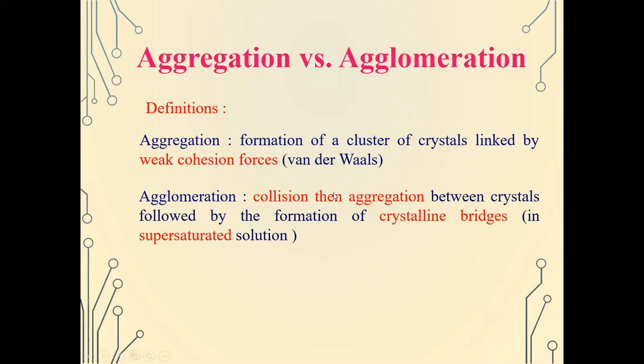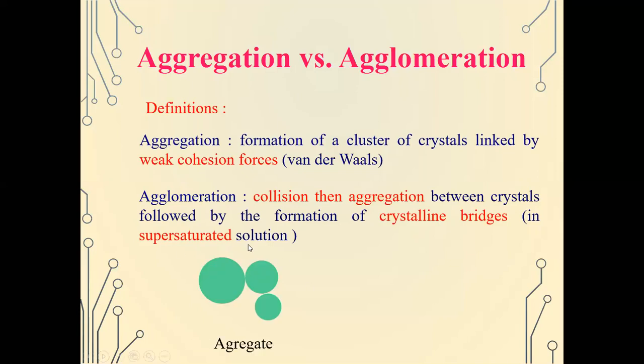They collide, then they aggregate. Then this process of collision and aggregation between crystals is followed by the formation of crystalline bridges in supersaturated solution. There was a mention in the previous slide that agglomeration happens only in supersaturated solution. So there is collision, then aggregation, whereas aggregation is a standalone process. Aggregation is just part of the process of agglomeration.